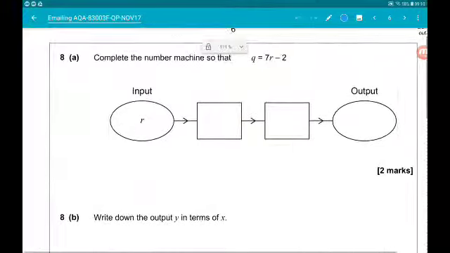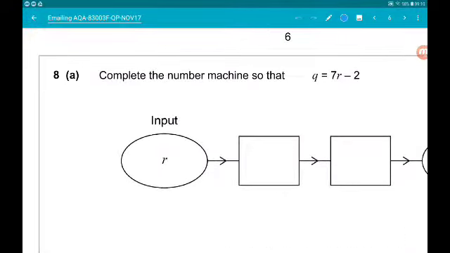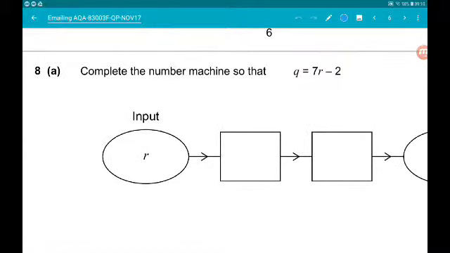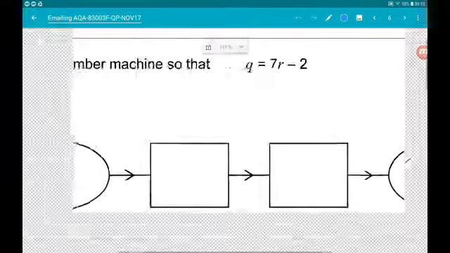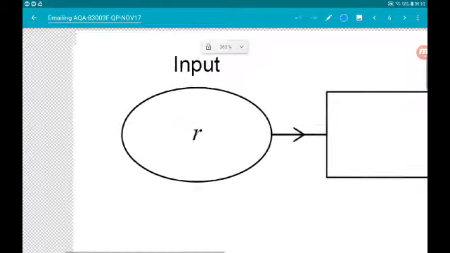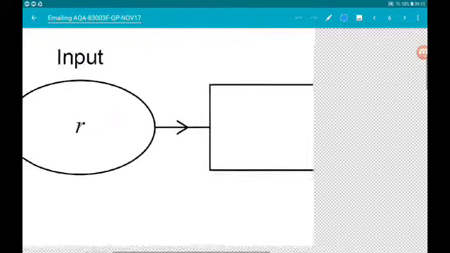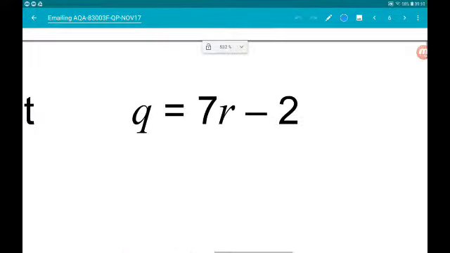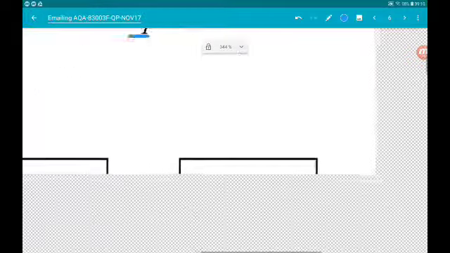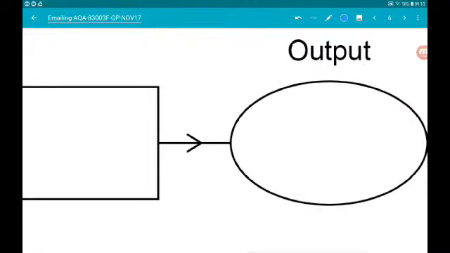Okay, question 8. We have function machines. So, complete the number machine so that Q is equal to 7R minus 2. So, our input here is R, and our output, well, we are doing stuff to R to get Q. So, Q is the output.